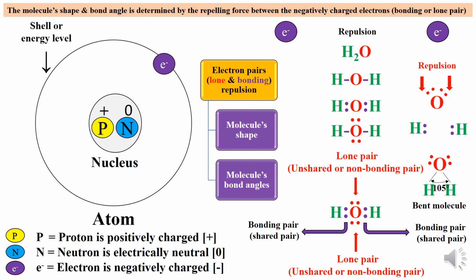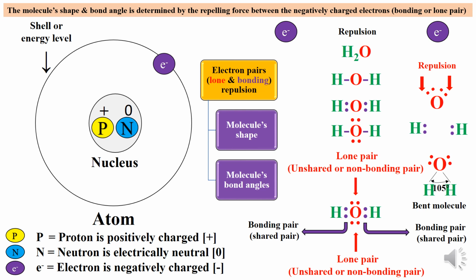So let's consider for a moment that the oxygen atom in the water molecule has no lone pairs. So in the absence of lone pairs of electrons on the oxygen atom, the water molecule will be linear shaped with a bond angle of 180 degrees. So due to the presence of two lone pairs of electrons on the oxygen atom, there is enormous amount of repulsion between the lone pairs and the bonding pairs of electrons.